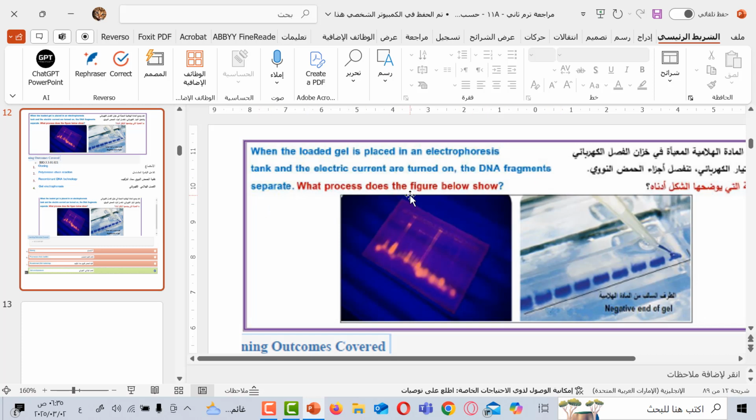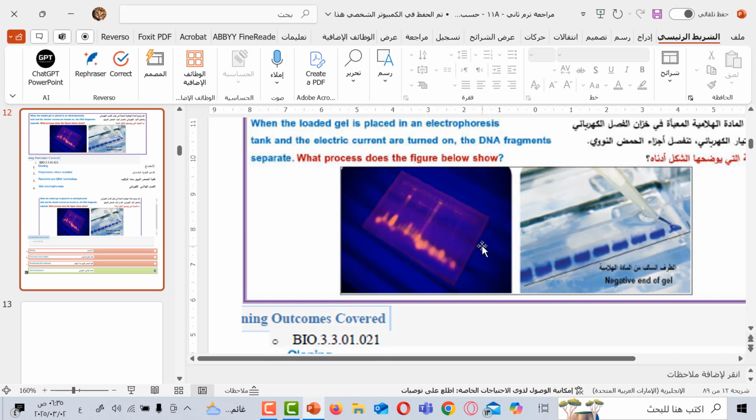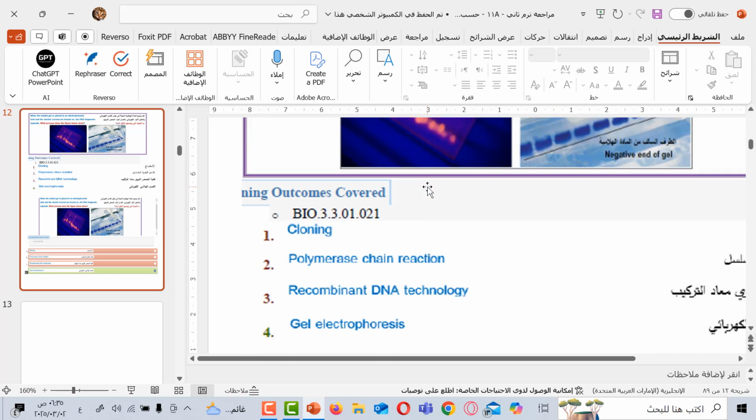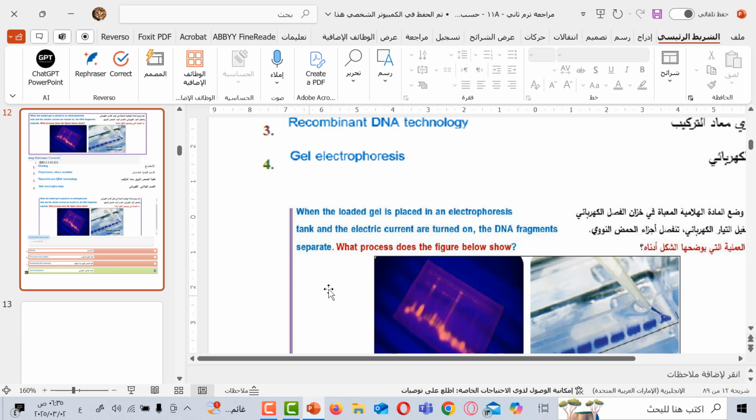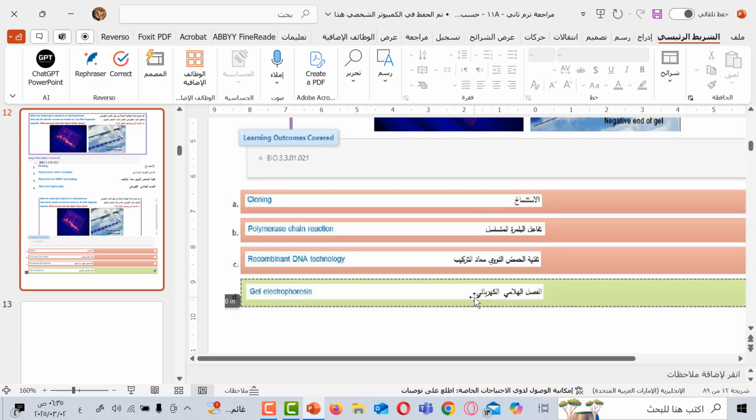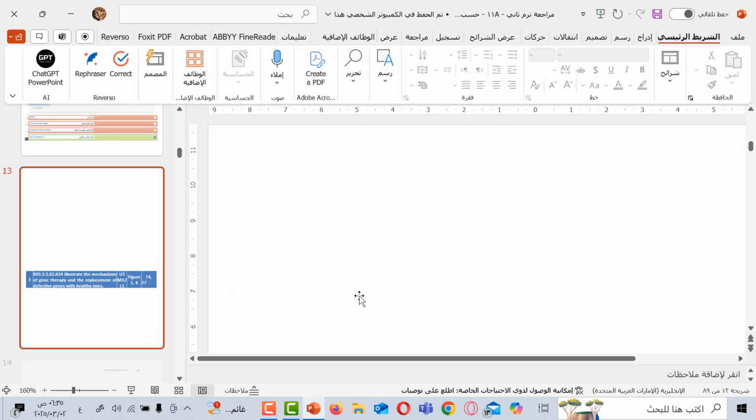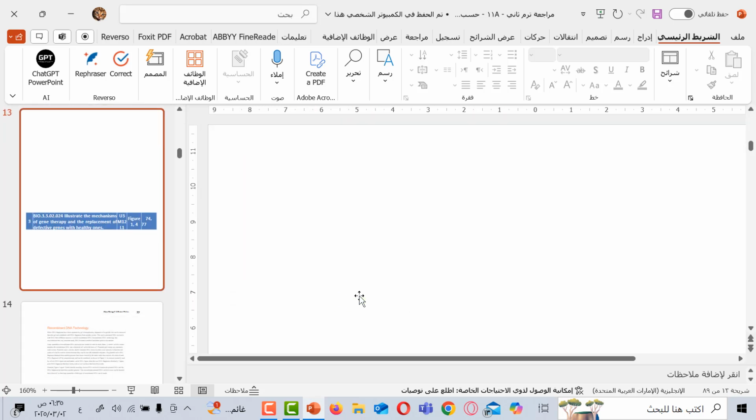What process does the figure below show? As we said before, it is gel electrophoresis, so gel electrophoresis is the true choice. Another question, the third question: the process is the same, gel electrophoresis.